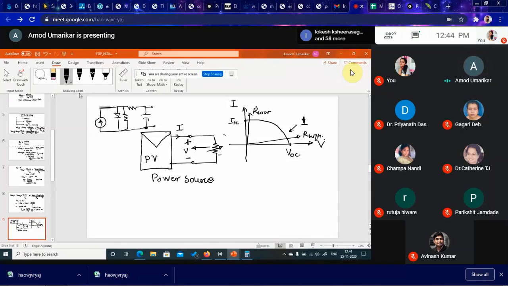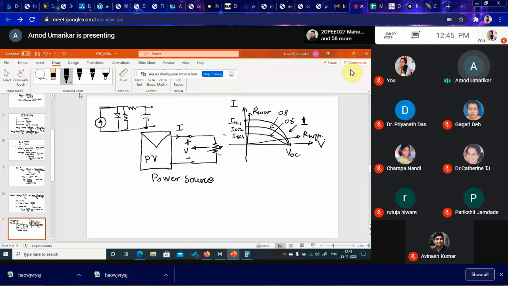When we vary the radiation, what will we get? We'll get a similar characteristic as per the variation of resistance, but with short circuit current of different values, like 0.8, 0.6, and so on.